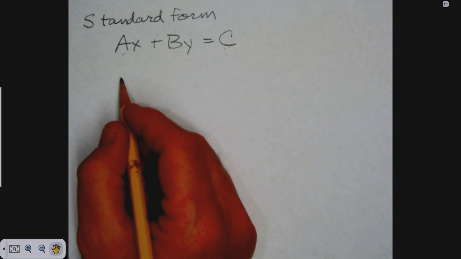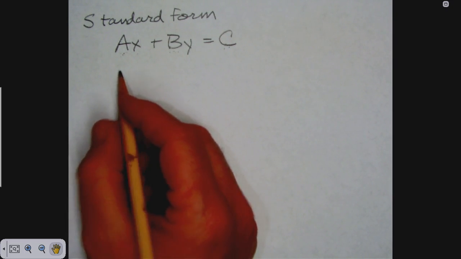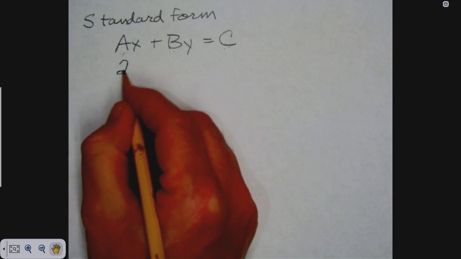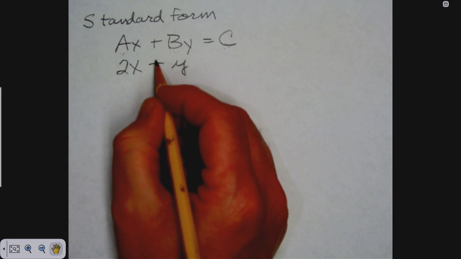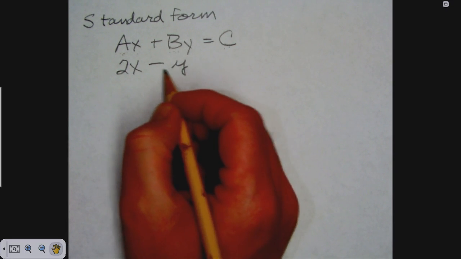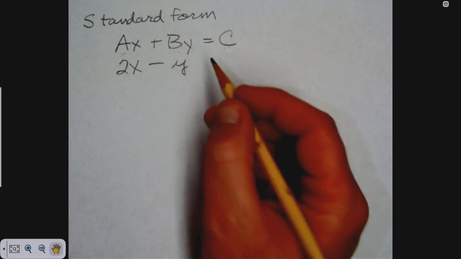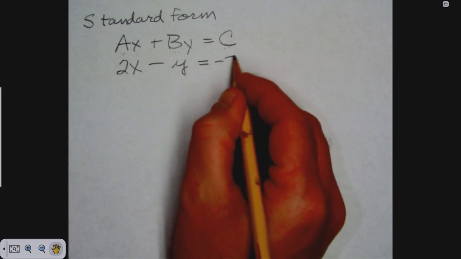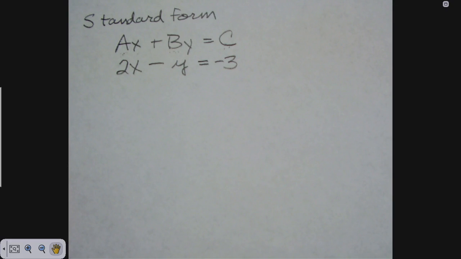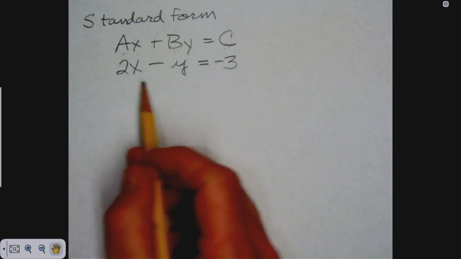But here is an equation in standard form. So if I have 2x minus y, that's like plus a negative 1y, so minus y is in the proper form, is equal to negative 3. Okay? So that's in standard form.